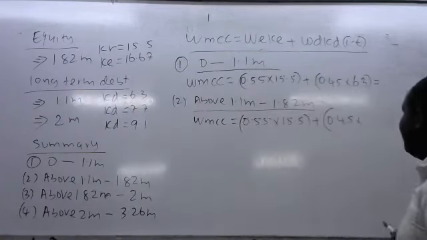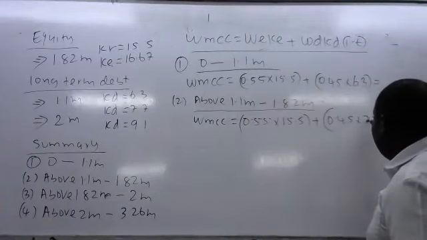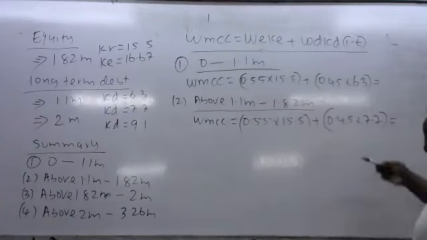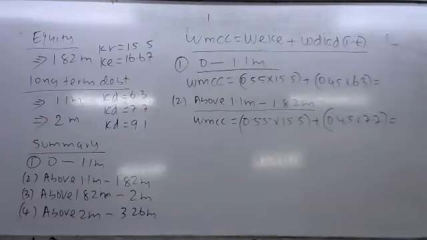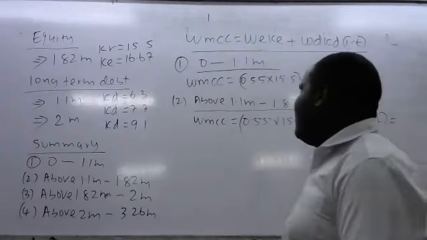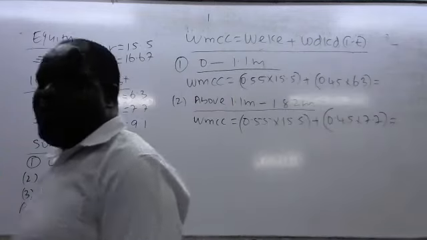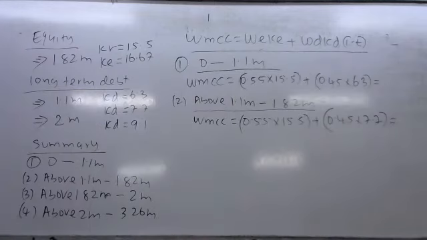So we shall change to 7.7 like that. That's now the one above 1.1 up to 1.82 millions.